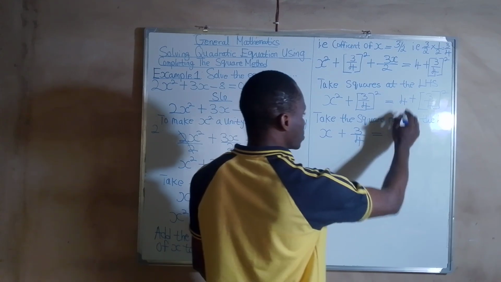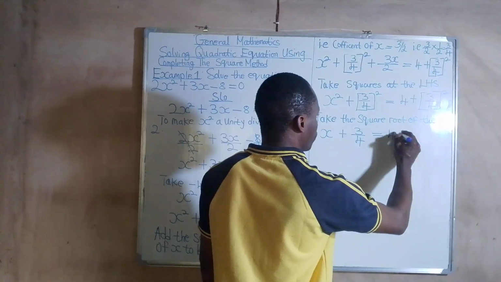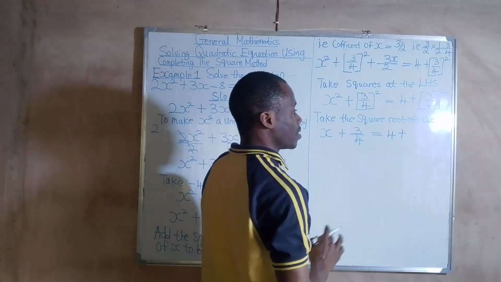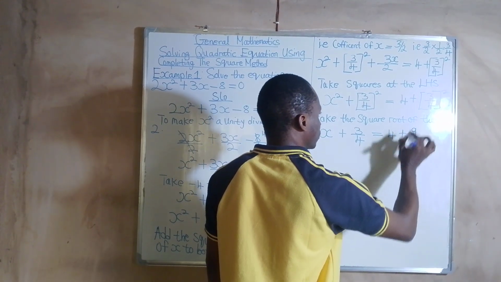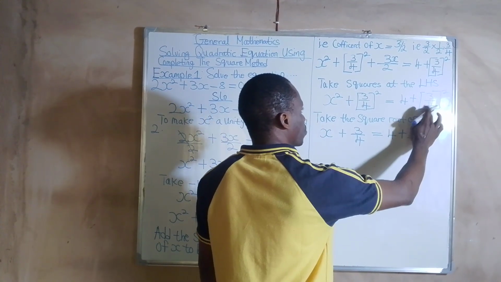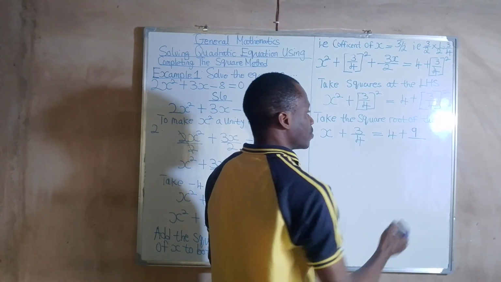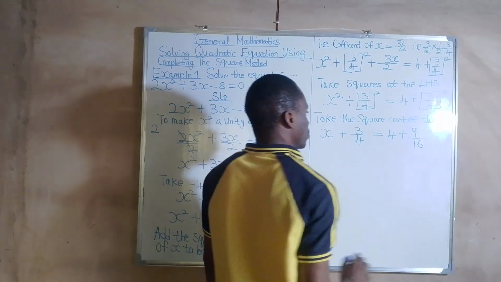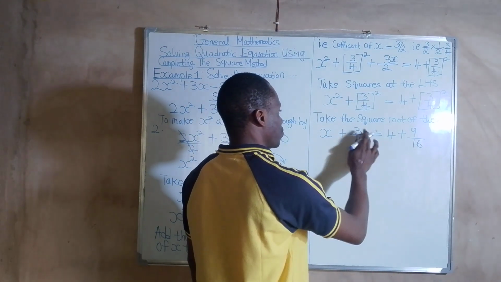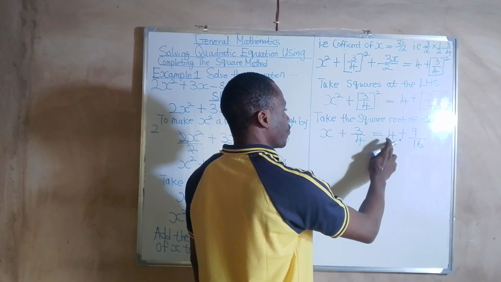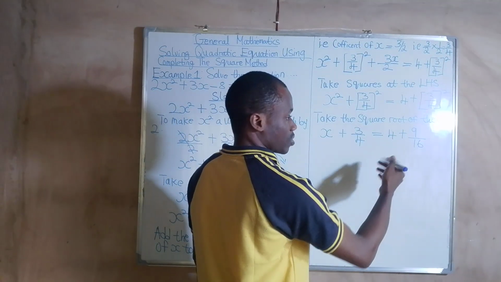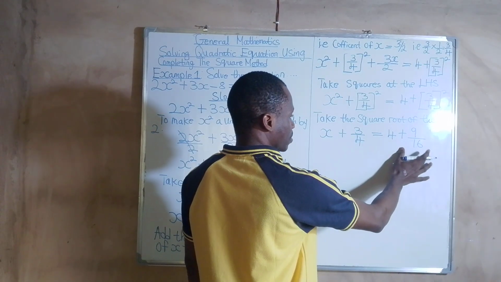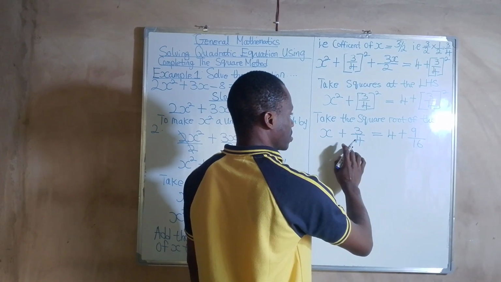But before we do that, 3 squared will give us what? 9. Then 4 squared will give us what? 16. Good. So we now have x plus 3 over 4 equals to 4 plus 9 over 16. So we do addition of this side first of all.